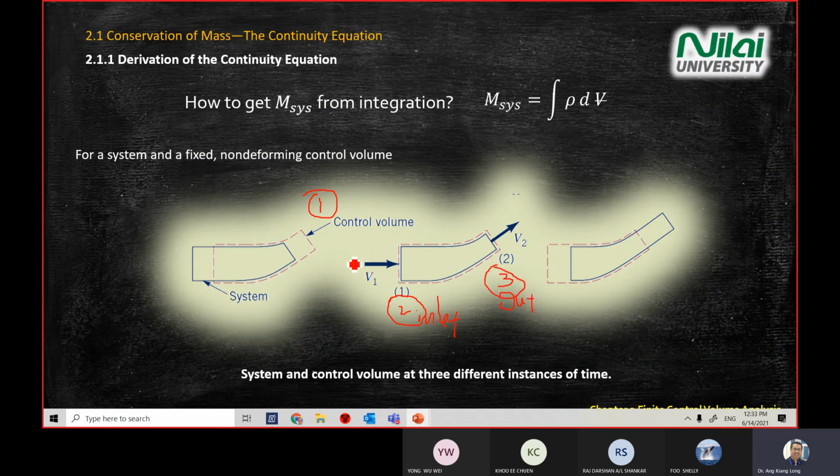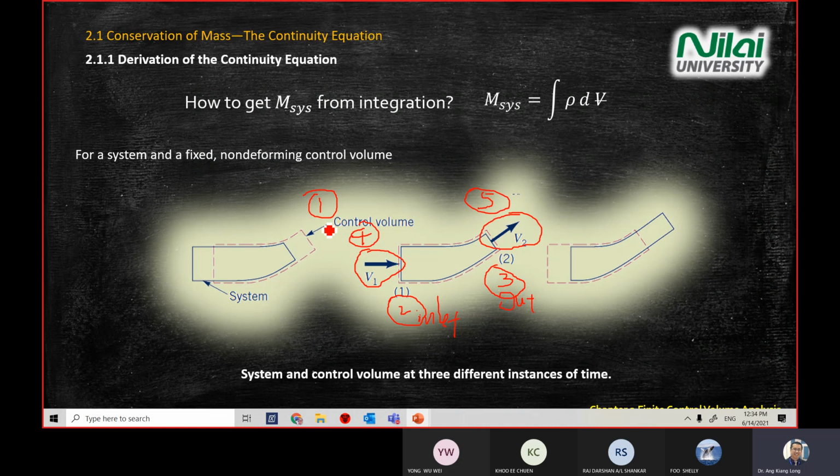Then the third parameter that we're looking at is your velocity. Velocity will always start from the inlet and then come out to the outlet. So this is step number 4, step number 5. Okay, so just follow these steps and you will manage to find the answer.